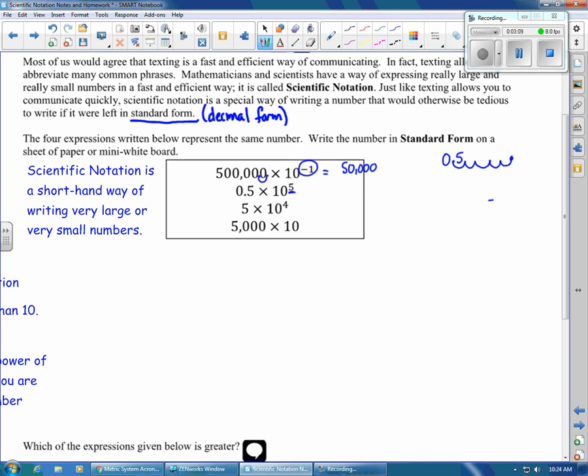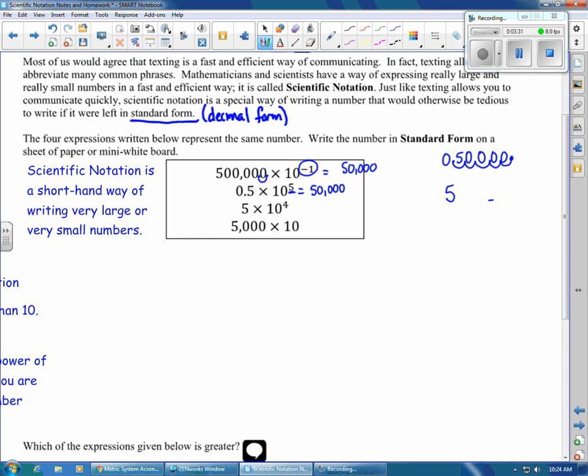Now in each of those little valleys, I need to add a 0. So when I've done that, I see that 5/10 times 10 to the 5th power is also 50,000.